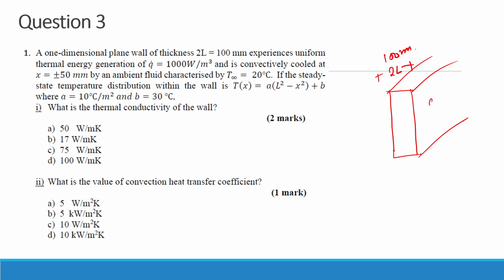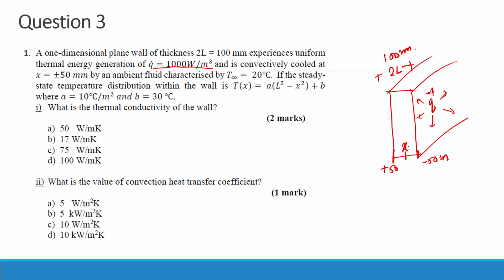So energy is being generated uniformly inside this block with Q dot equal to 1000 watt per meter cube, and it is cooled at x equal to plus or minus 50 mm. That is, at the surfaces it is being cooled, plus 50 mm and minus 50 mm.